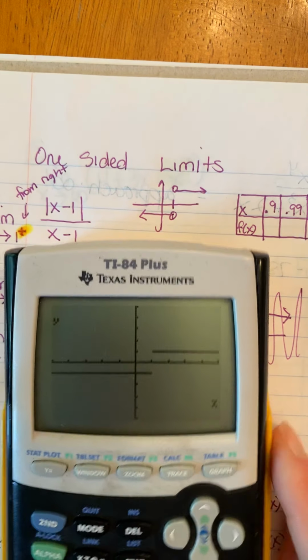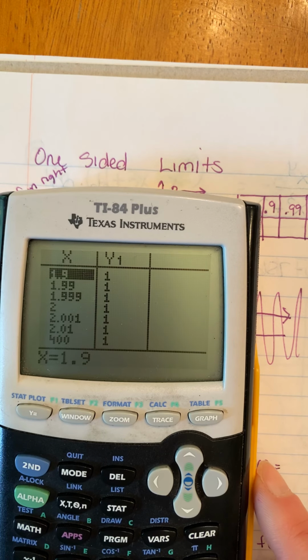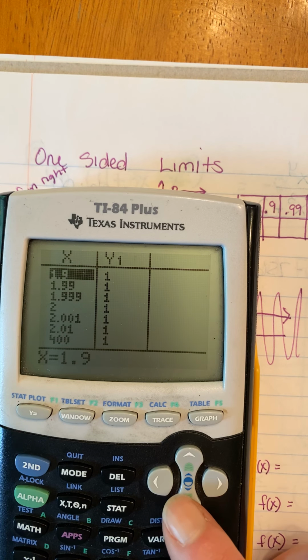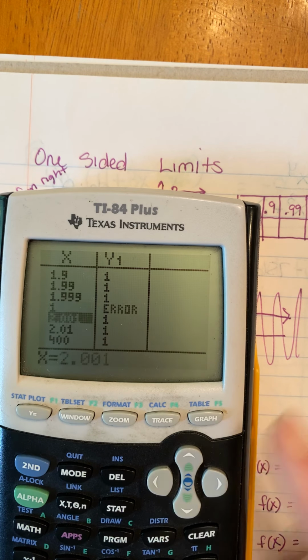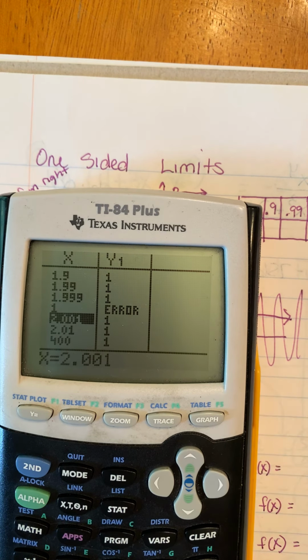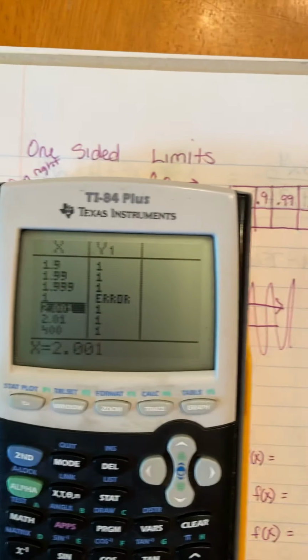And see what those table values are. Hopefully we still have our calculator set up from before. I'm going to put a 1 in the middle, and I'm going to put my values to the right, which would be 1.001, 1.01, and 1.1.